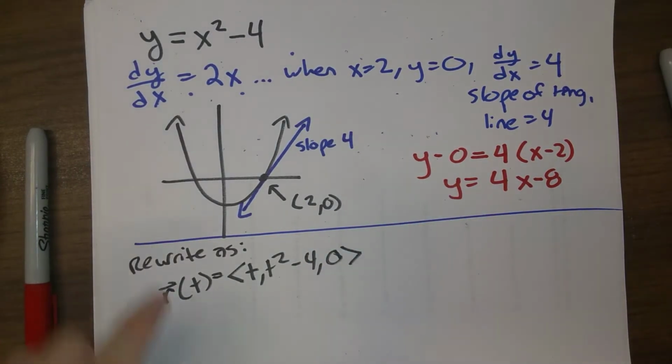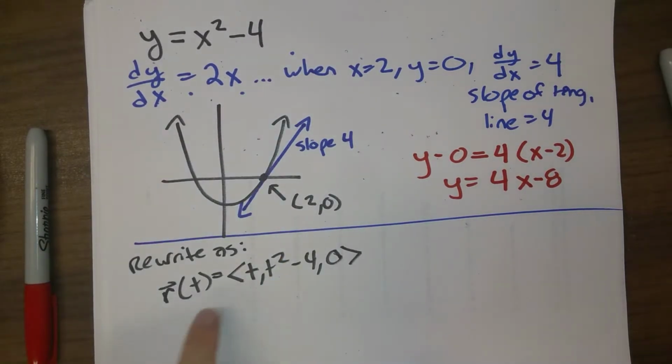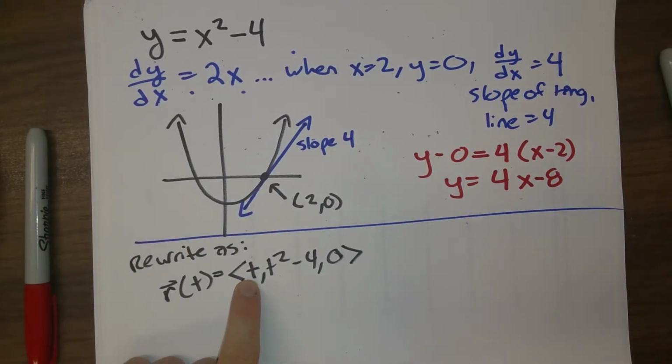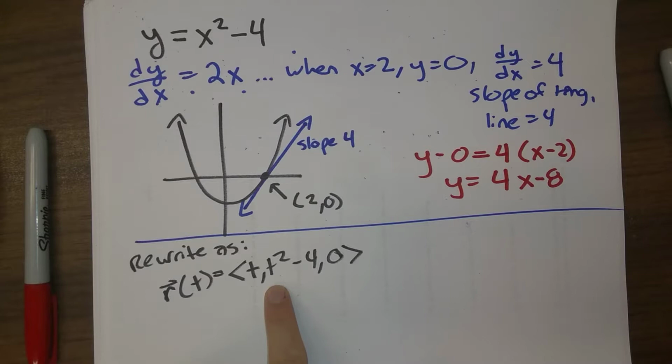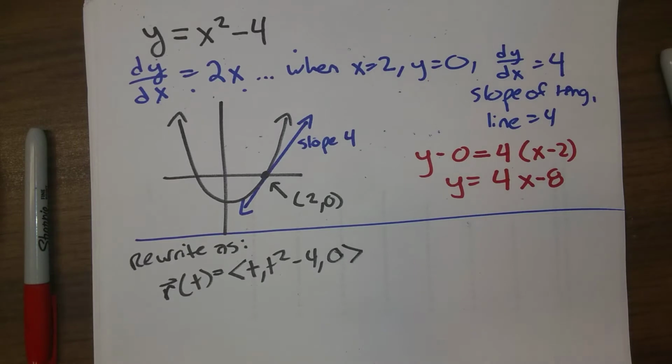So this is a vector valued function that gives us different points on our parabola here. Note that we essentially just replace x with t. And what is y? Y is x squared minus 4, so y is t squared minus 4 here. And we're staying in the xy plane, so we want our z component to be 0 always. So r of t is just going to be t, t squared minus 4, and 0.